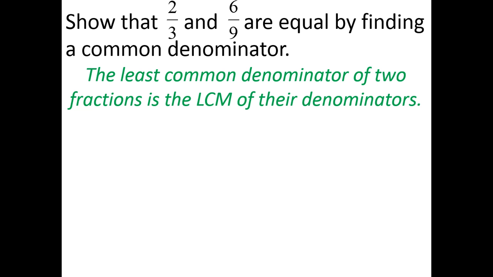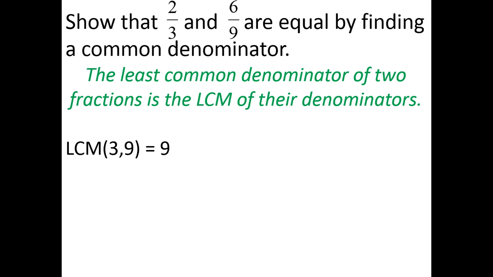The least common denominator of two fractions is the least common multiple of their denominators. If you look at the denominators we have in the two fractions, 3 and 9, the least common multiple of 3 and 9 is 9.